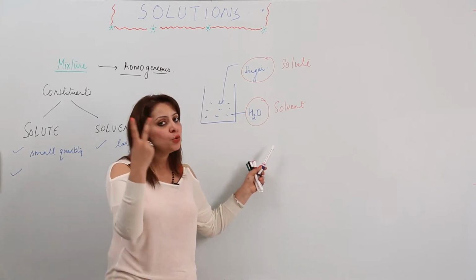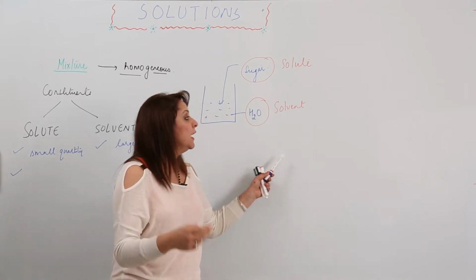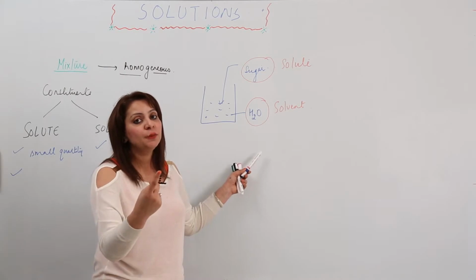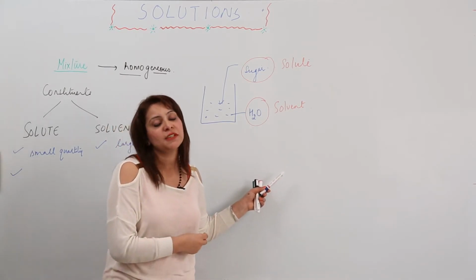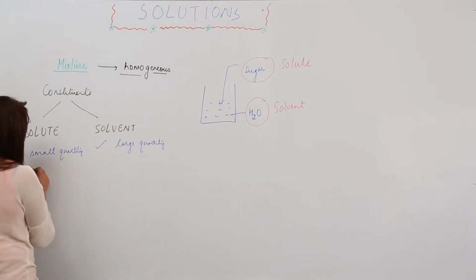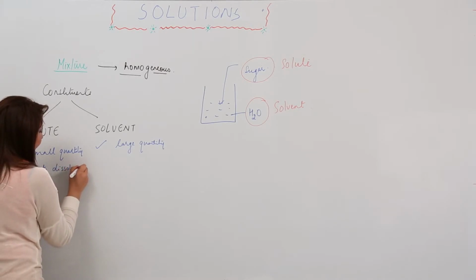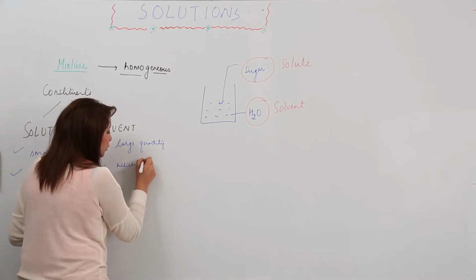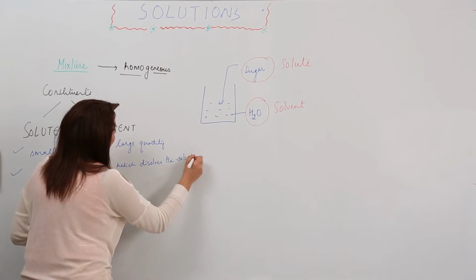So solute has two characteristics: small quantity, and it gets dissolved. The solvent also has two characteristics: present in large amount, and it dissolves the other compound. It has the ability to dissolve other substances. I'm just writing the second difference. Solute is that which gets dissolved, and solvent is that which dissolves the solute, or you can say the other component.